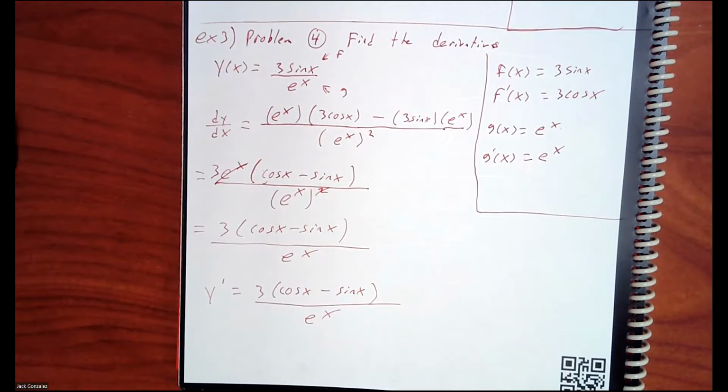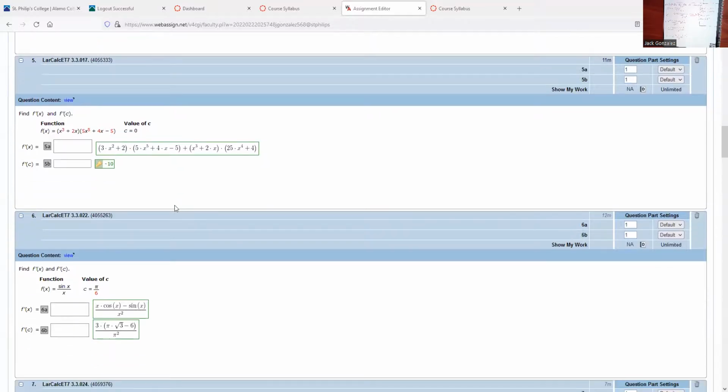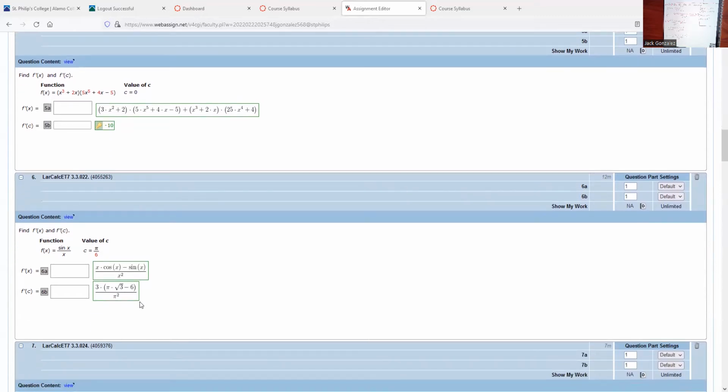I believe so. Let's see. Yes, so you first find the derivative, very similar to what we just did, and then you plug in the c, and that's what you get here. They use exact numbers, so they're using a unit circle. That's all they did. If you punch it into your calculator, you'll get an approximation.